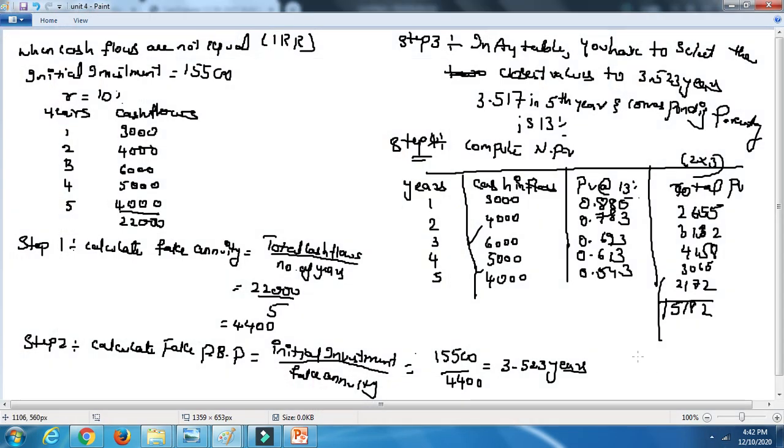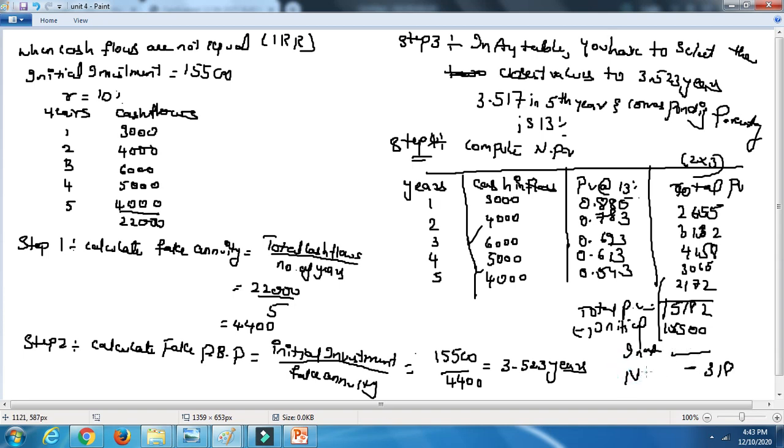NPV is total present value minus initial investment. Here we got total present value minus initial investment. Initial investment, how much did we get in the question? 15,500. If you subtract this, you get minus 318, because 15,500 is more than 15,182.